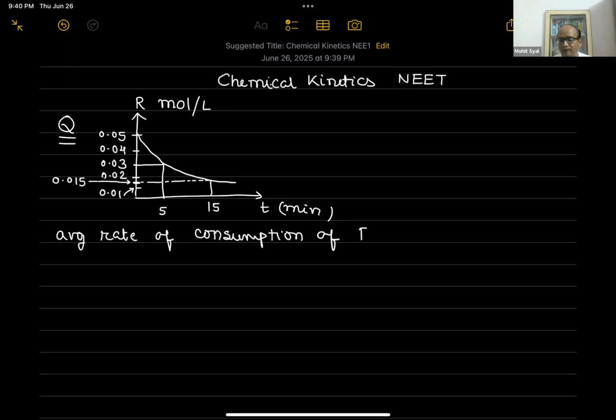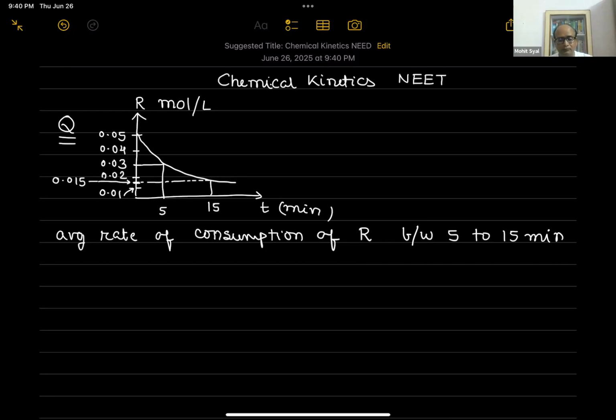Of our reactant R between 5 to 15 minutes. Is it clear or not? First of all, you have to tell me whether the question is clear. I hope everybody agrees with that.